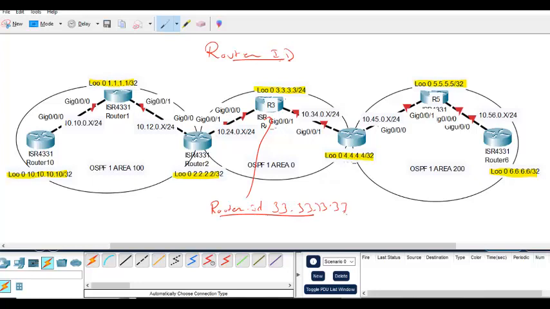It is possible. For assigning a router ID 33.33.33.33 to this router, this address need not be there on the router. I am repeating again. To assign an address as a router ID, it need not be there on any interface.